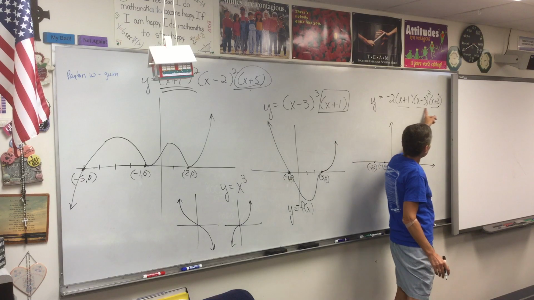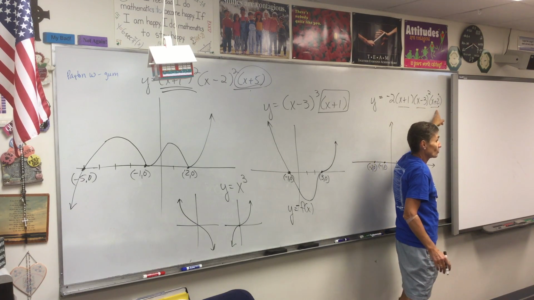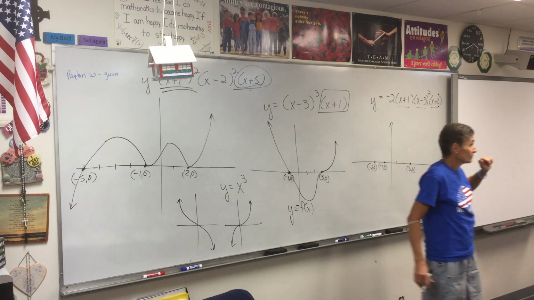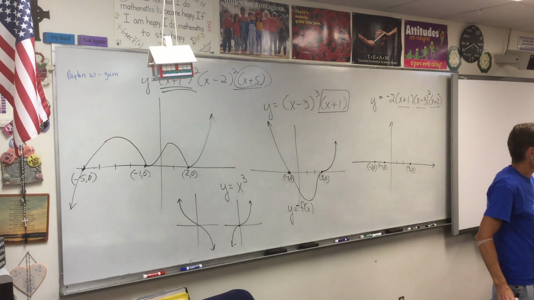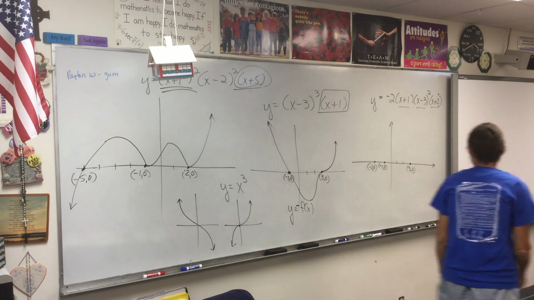If I FOILed all this out, what power would it be? X to the fourth? Now, x to the fourth should start up, end up. But we're turning it upside down because of the negative, so it's going to start down and end down.